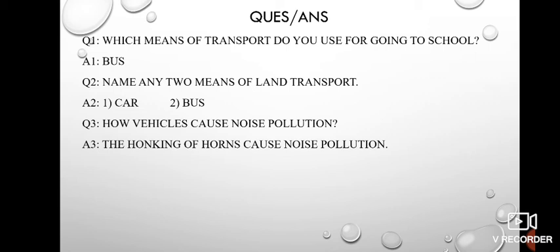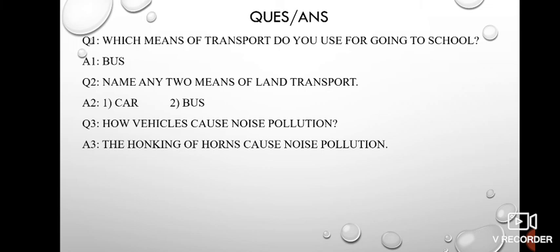Now question answers. This you will do in your notebooks. First question is, which means of transport do you use for going to school? Bus. Name any two means of land transport. Car and bus.